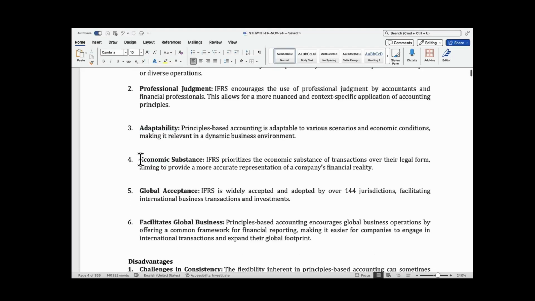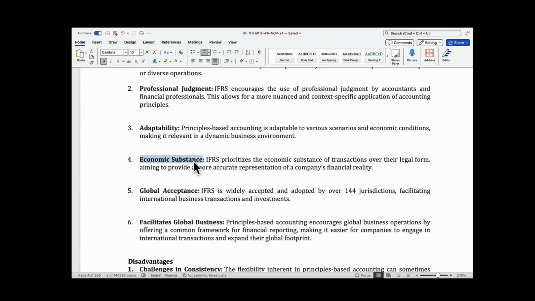Another one is economic substance. Economic substance depicts the core transactions of an entity.